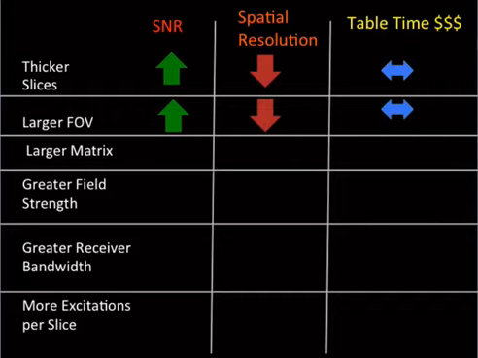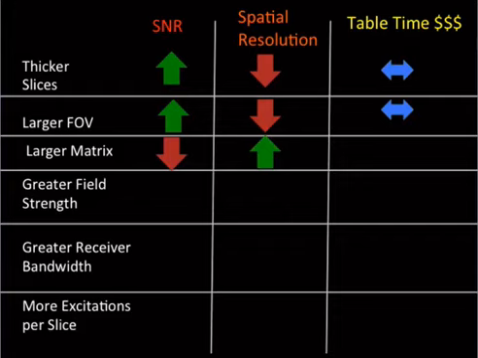Okay, so for a matrix, a larger matrix, remember that signal to noise and spatial resolution are all about bigger voxels and smaller voxels. So a larger matrix is going to decrease your signal to noise and increase your spatial resolution. Now when I say larger matrix, what I actually mean is a finer matrix, a matrix that's consisting of more pixels.